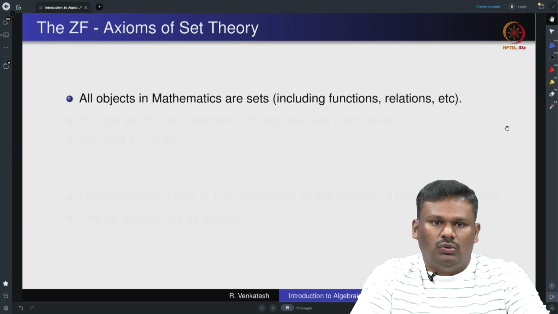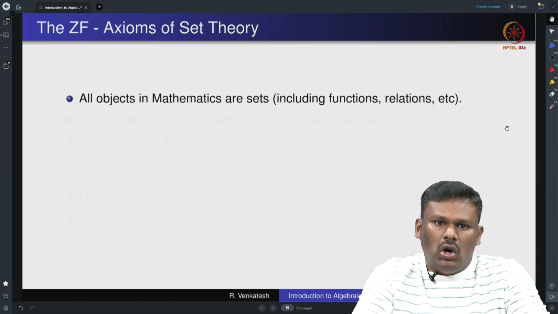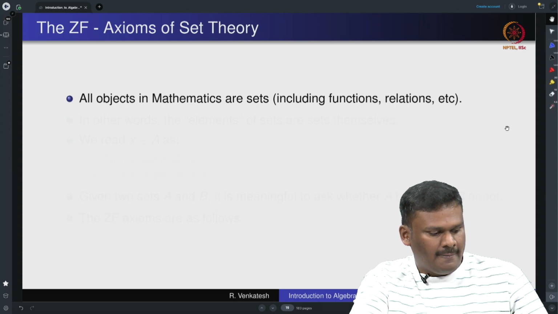Okay. So, what are the ZF axioms of set theory? All objects in mathematics are sets. Okay, that is the first punchline.